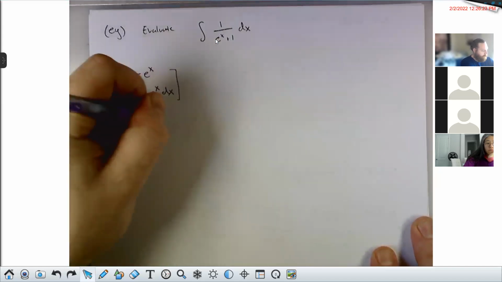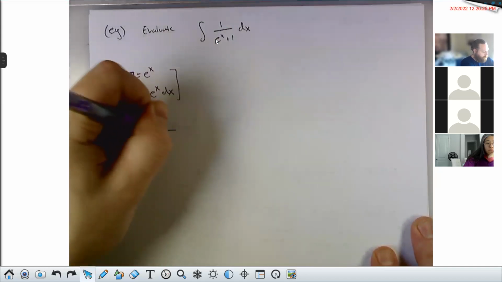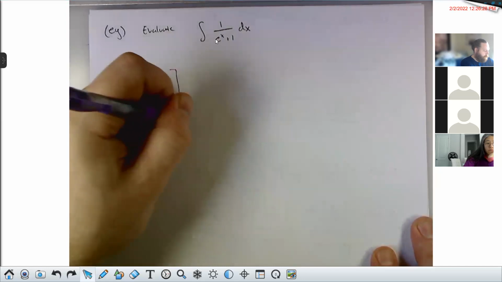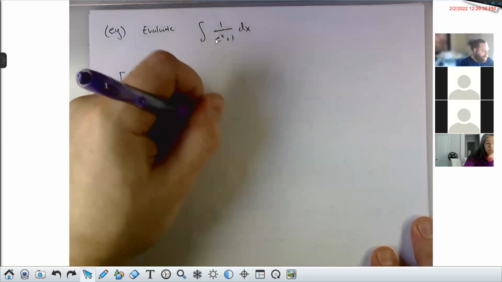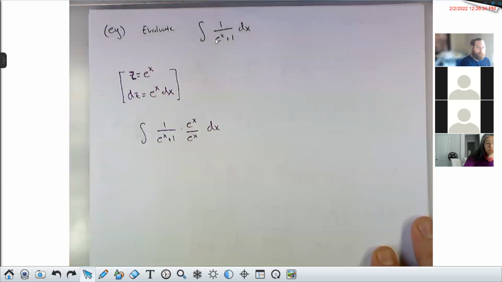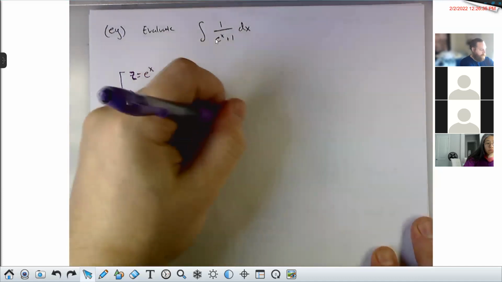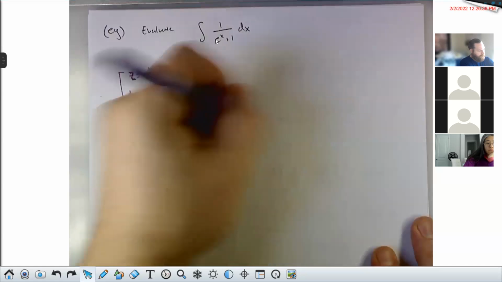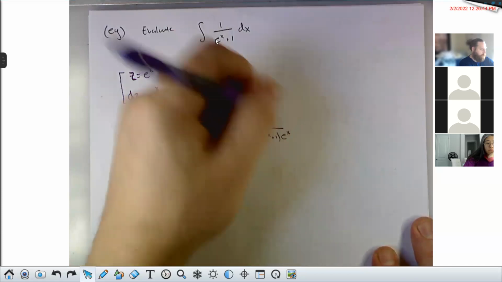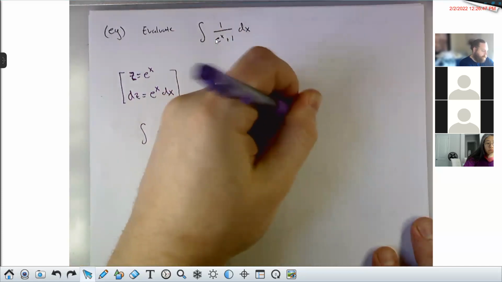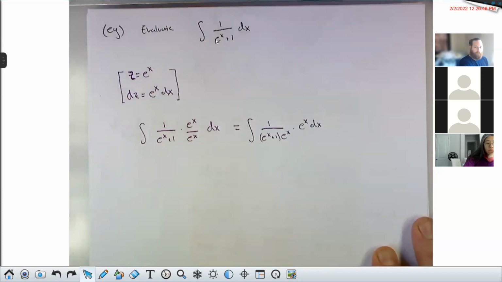I could say, okay, so integral 1 over e to the x plus 1, I can multiply by e to the x over e to the x. And then I can group that as 1 over e to the x plus 1 times e to the x downstairs times e to the x dx upstairs.